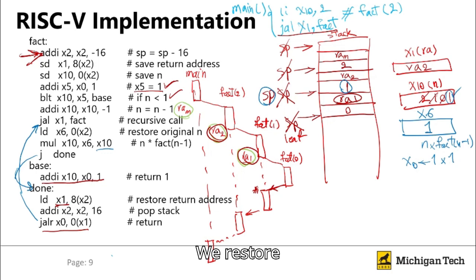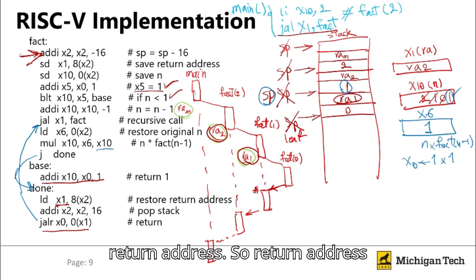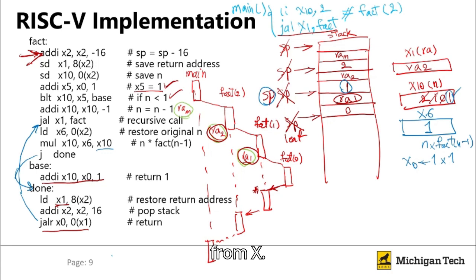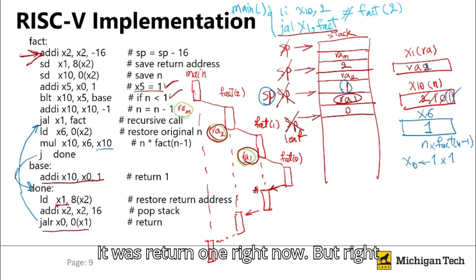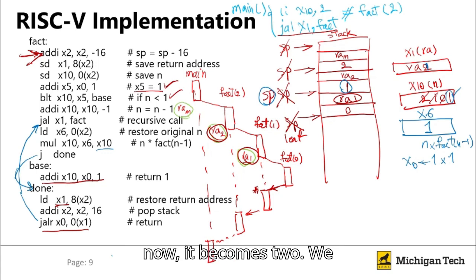When we jump down, we have these values here. We restore the return address. We didn't change it here actually. It was return address 1 right now, but now it becomes return address 2. We forgot to update that last time.